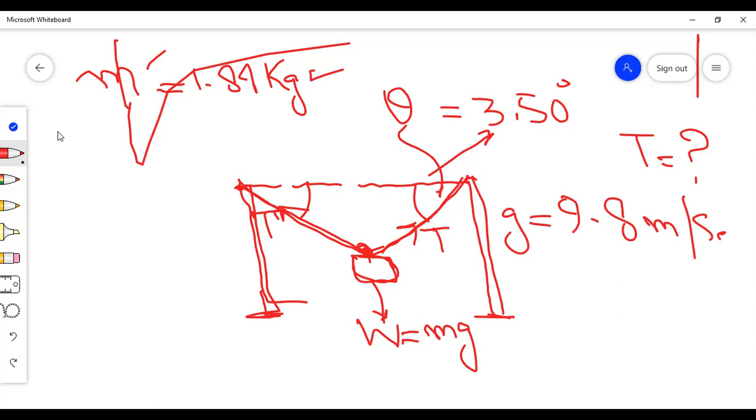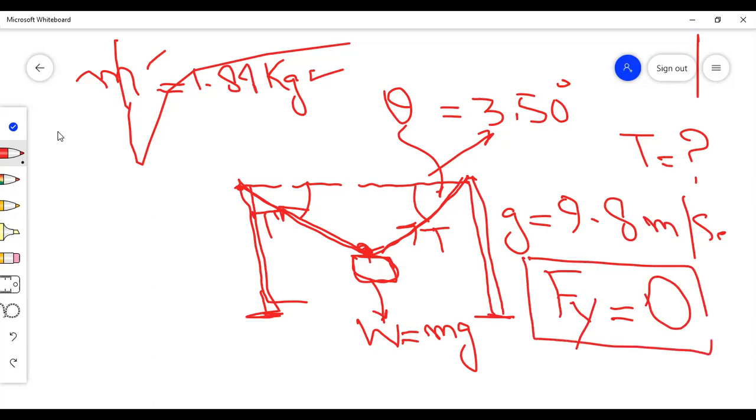Now for the tension we will use this. These are all in the vertical direction, and there is no movement along the horizontal direction. So we will have to take the forces along the y-axis, the vertical forces, and those must be zero. Then this bag will be in the equilibrium condition. Are you getting this? So sigma F we should write that.